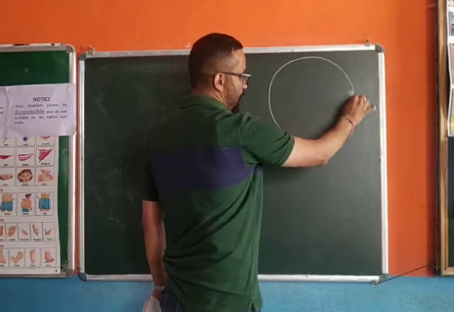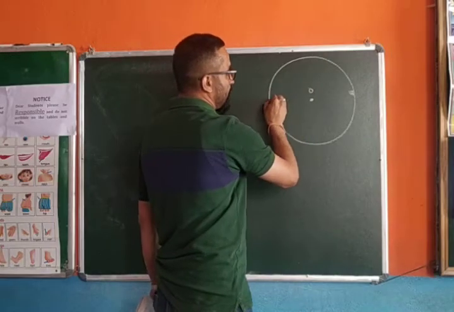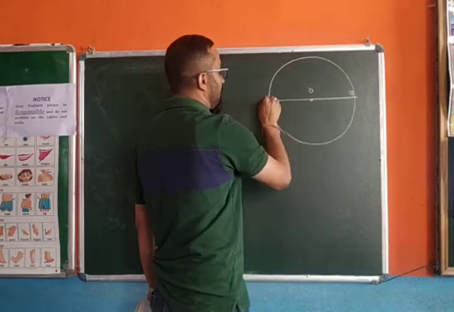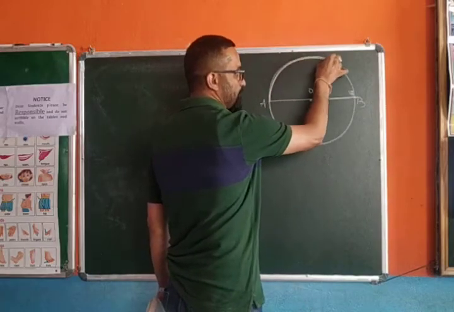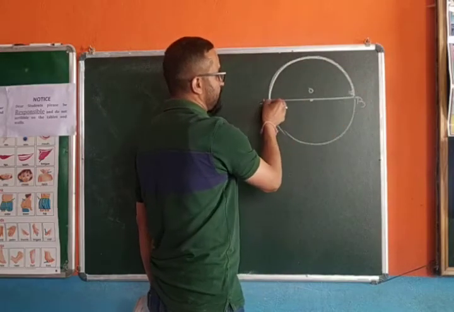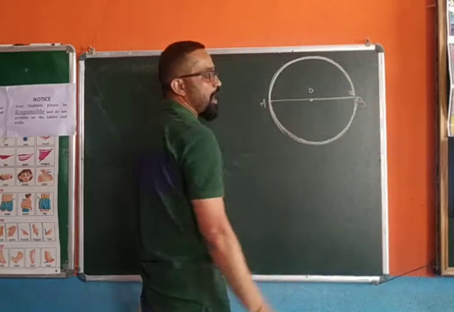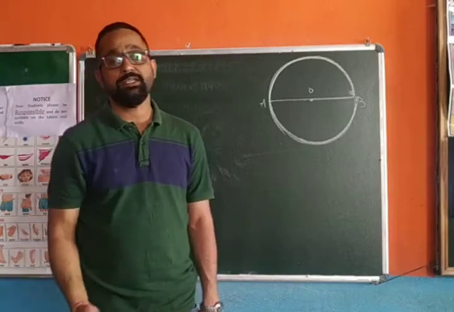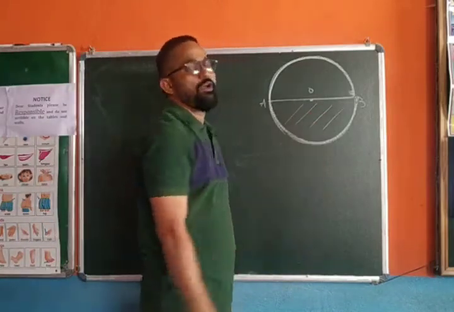So suppose you have a circle with center O. AB is the diameter. Arc AB of the circle is equal to arc AB of the circle in the lower one. And both the arcs are equal, so each part of circle is called a semicircle.